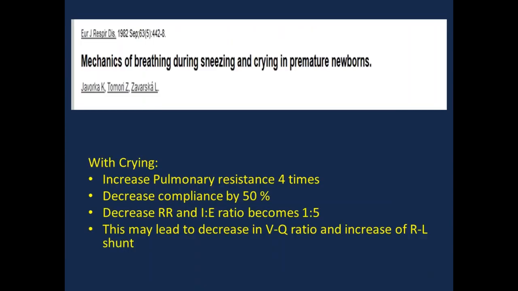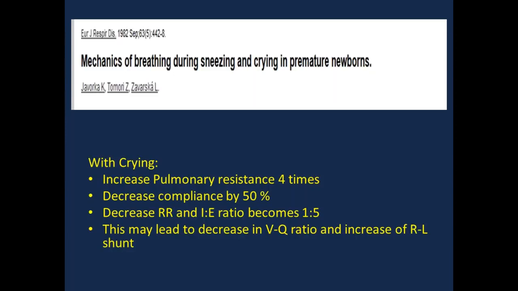What about crying? If you have an infant who is sick and with hypoxemia, especially premature infants, it is different. A healthy infant, if he's crying, there is no problem. But you have a sick infant, agitated or crying. There's another study done evaluating the resistance and compliance in the crying infant.